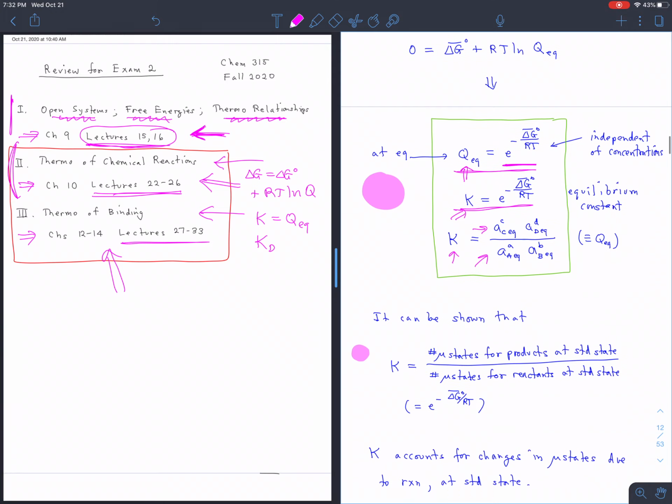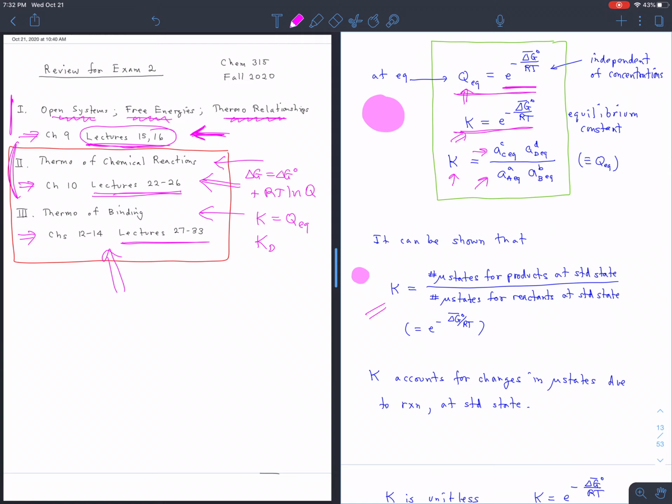It can also be shown, I emphasize, that the equilibrium constant is equal to the number of microstates. It's a very statistical thing. The number of microstates for the products at their standard state divided by the number of microstates available to the reactants at their standard state. It's really that simple.